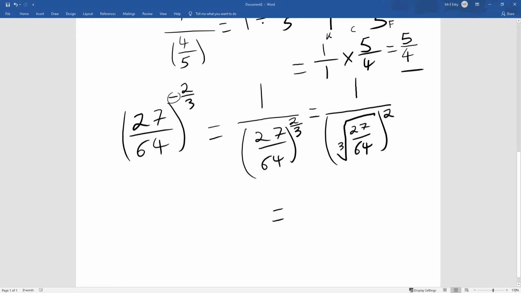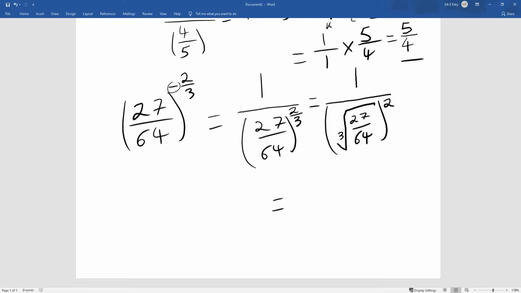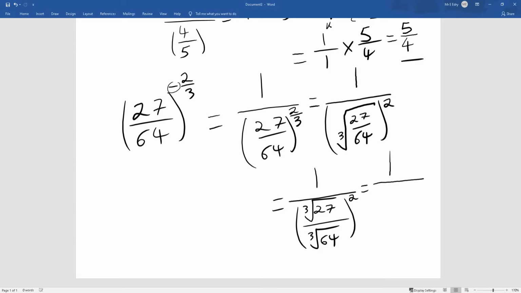Now, when I have the cube root of a fraction, we just cube root the top, and we cube root the bottom. So I've got 1 over the cube root of 27 over the cube root of 64 all squared. So I'm just simplifying the bottom down. The cube root of 27 is 3. Cube root of 64 is 4. So I have 1 over 3/4 squared.